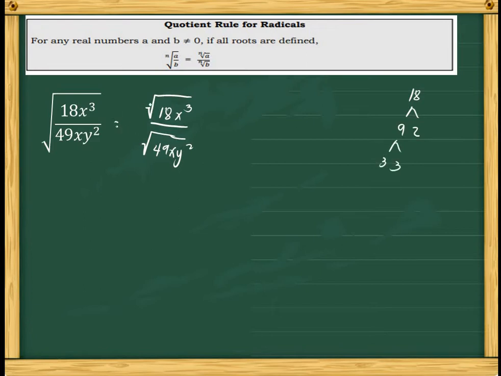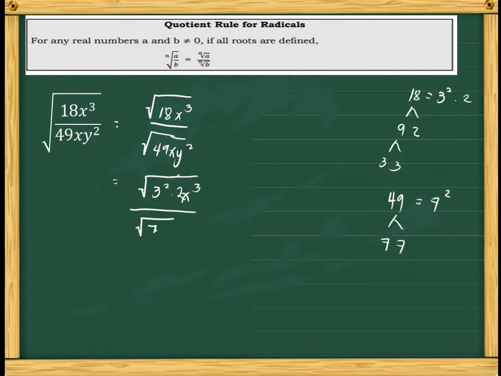So, ang requirement para makalabas is dalawang parehas na number. So, meron na tayo noon, that is 3. And 3 squared is 9 times 2, that is 18. Next, 49. That is 7 times 7. So, this is 7 squared. Write na natin. So, this is 3 squared times 2 times x cubed all over 7 squared xy squared.